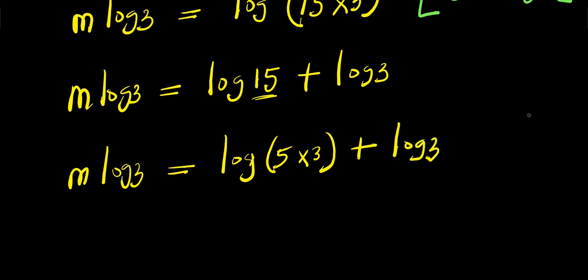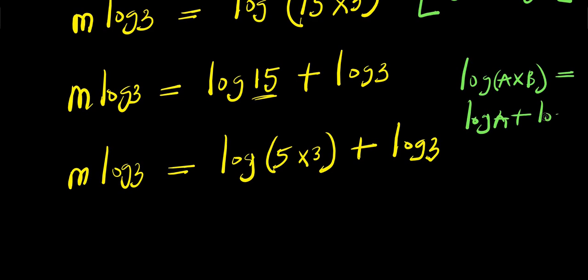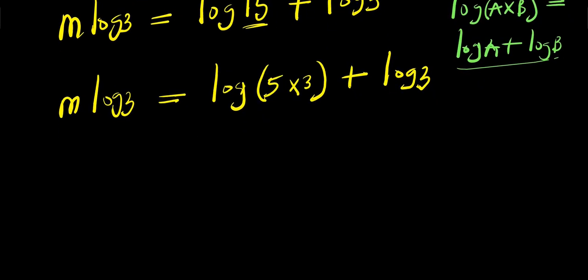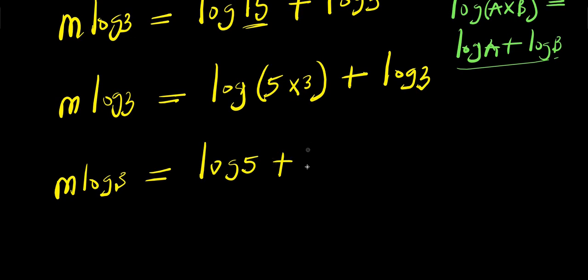I remember again, log a times b equals log a plus log b. Applying this, we simply have m times log 3 equals log 5 plus log 3 plus log 3.